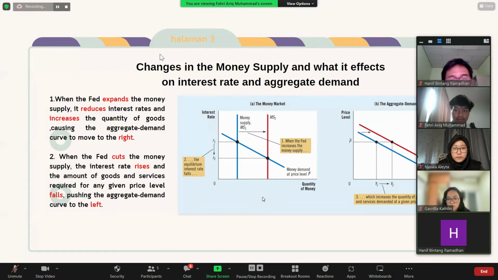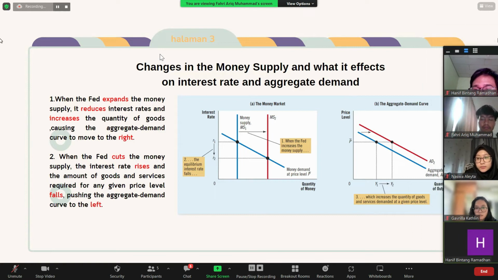First we have two scenarios. When the Fed expands the money supply, it will reduce interest rates and increase the quantity of goods demanded, causing the aggregate demand curve to move to the right.